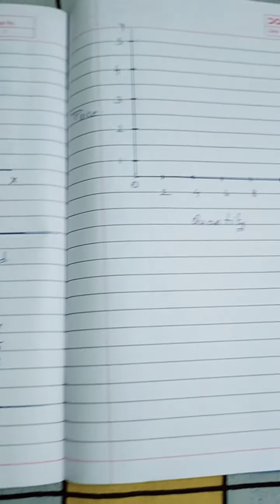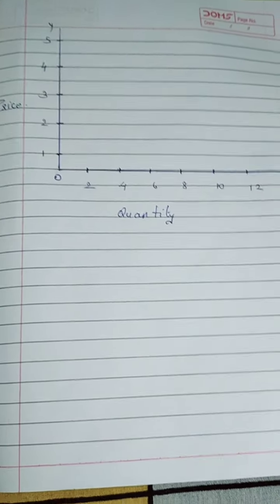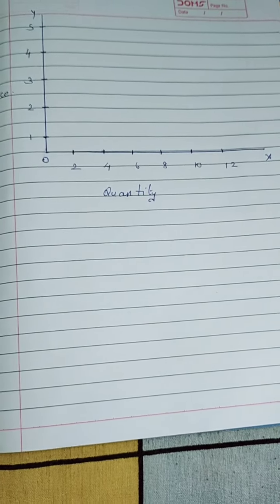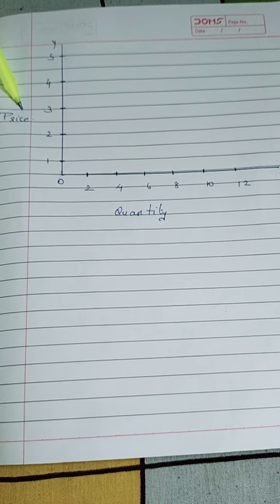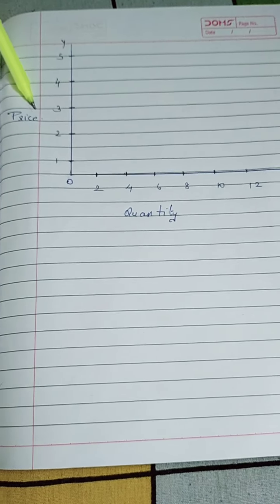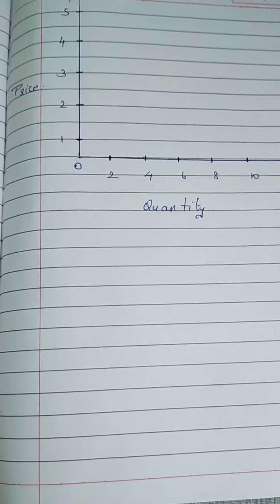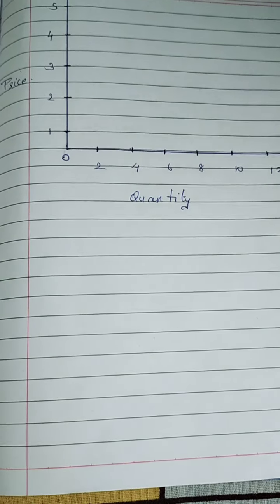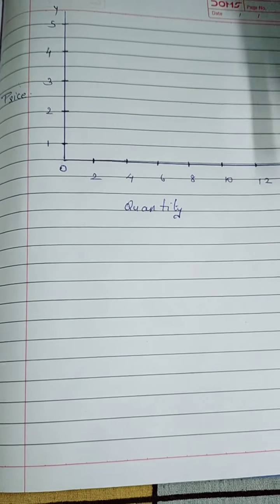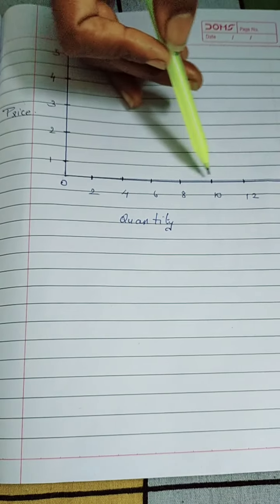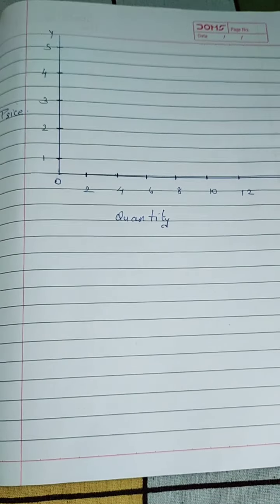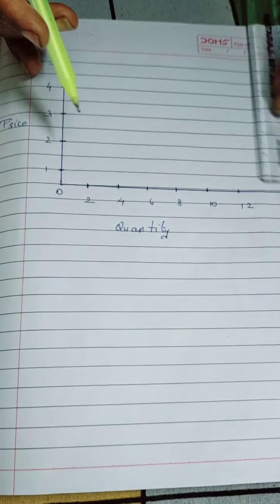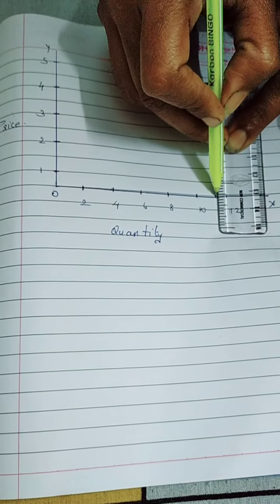In the graph you can see the y axis and x axis, and in the x axis quantity is given, and in the y axis price is given. According to that table we only have to show the market demand, not dx and dy, which we had added. So when the price was 1, the market demand was 11. What you will do is, I have given a gap of 2 here: 2, 4, 6, 8, 10, 12, and here I had taken price. So it is given that when the price was 1, the market demand is 11, so we can take 11 somewhere here.